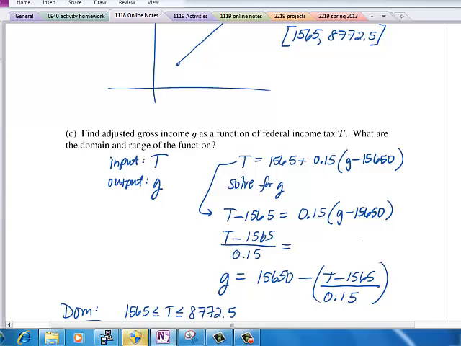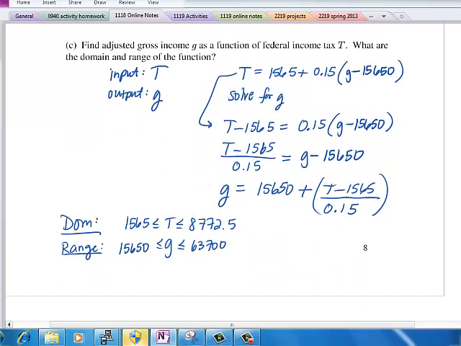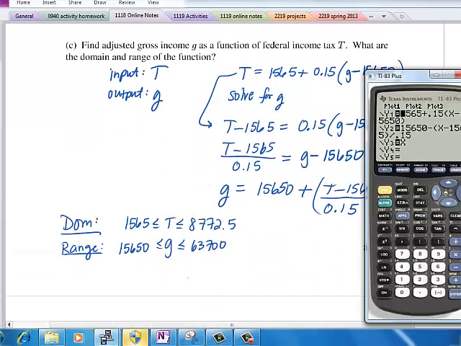So we want to add 15,650 to that instead. So then let's take another look at those graphs. That minus should be a plus. Now the graphs look symmetric across the line y equals x like we want them to.